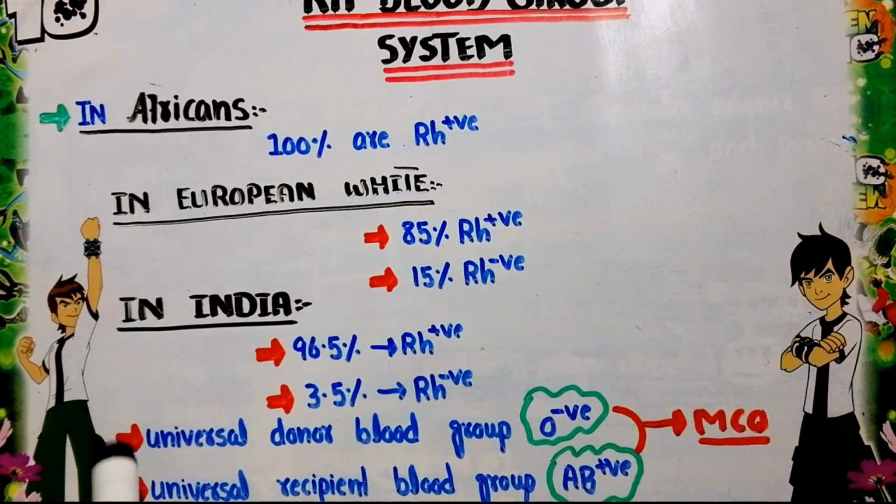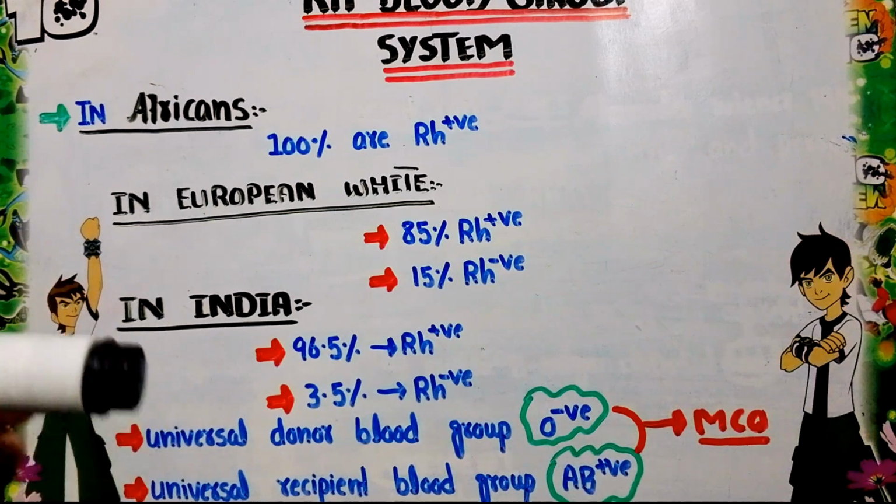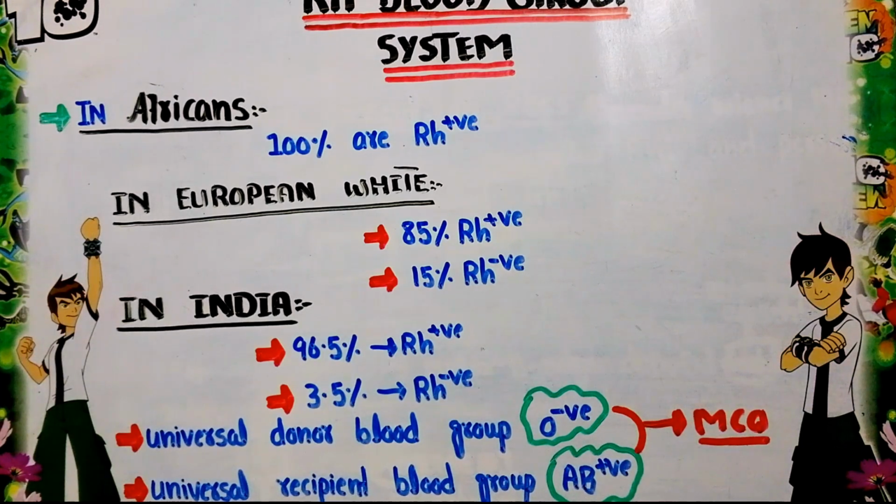Now you can see the universal donor blood group and the universal recipient blood group. The first is the universal donor blood group, that is O negative. Why is it the universal donor? Because it does not have any antigen of the ABO system as well as the Rh blood group system.